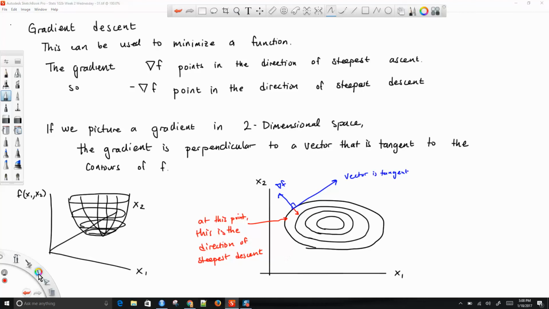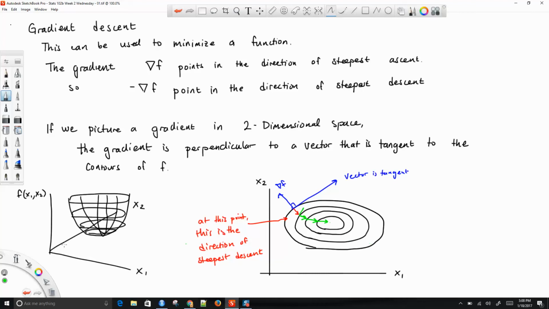And so the idea behind gradient descent is you take a small step in that direction, and it takes you to a new point, and then you calculate the gradient there, and you take a step in this direction, and it takes you to another point. You keep following these small steps, and it leads you to the minimum of the function.